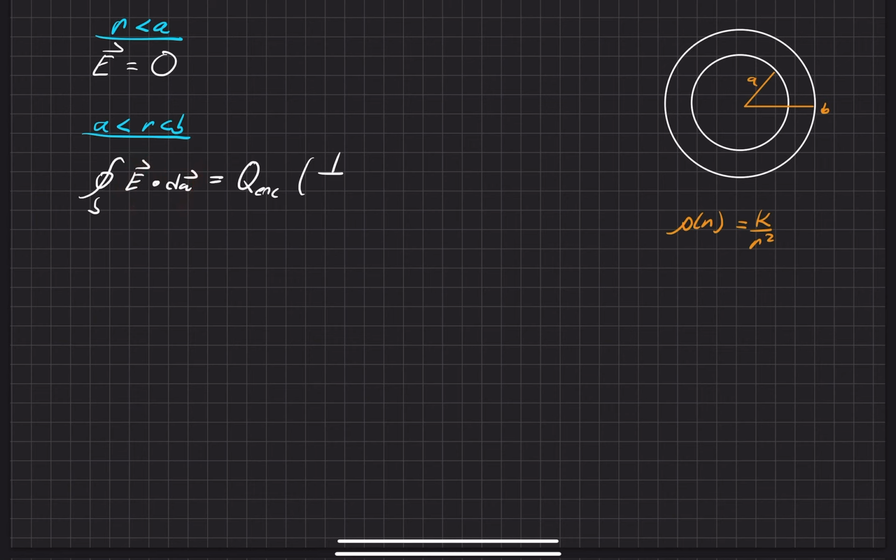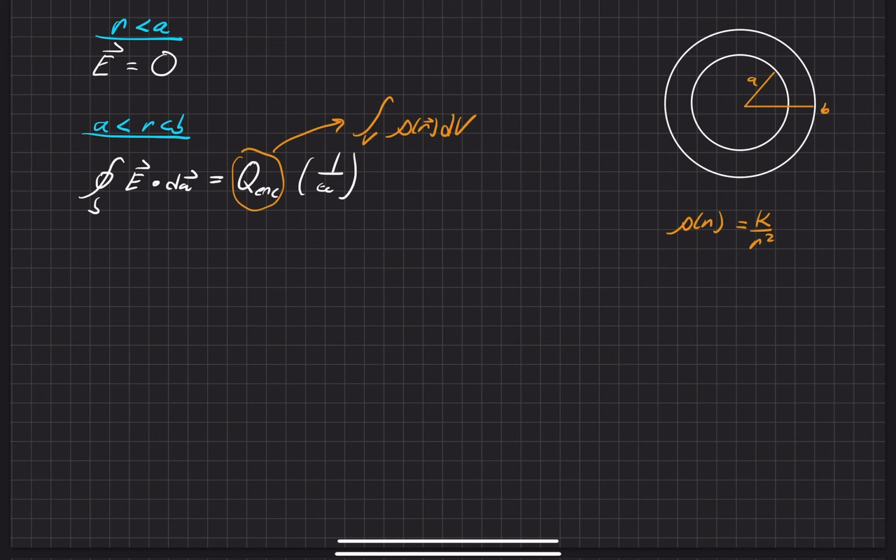That is proportional to the charge enclosed, with proportionality constant 1 over epsilon naught. And we can see that the enclosed charge is the volume integral of rho, which is a function of r, over the enclosed volume.